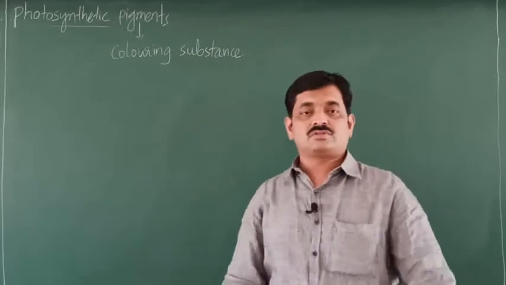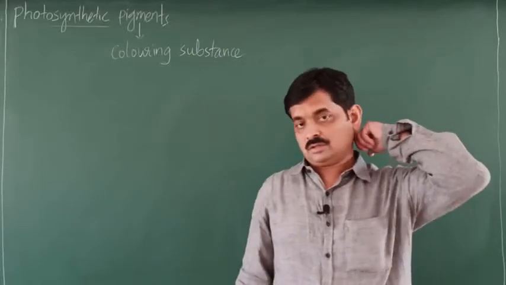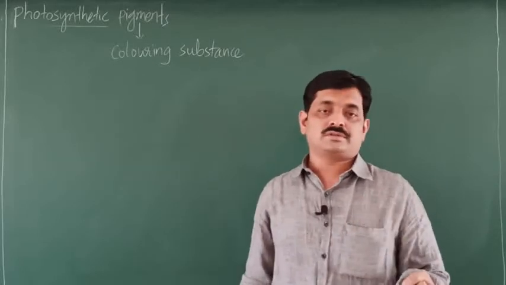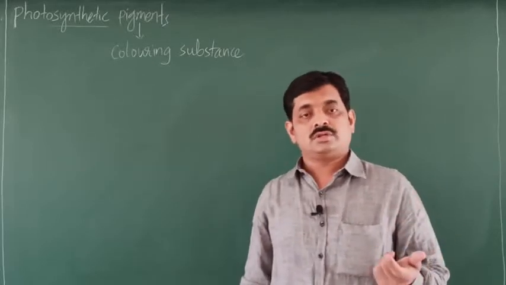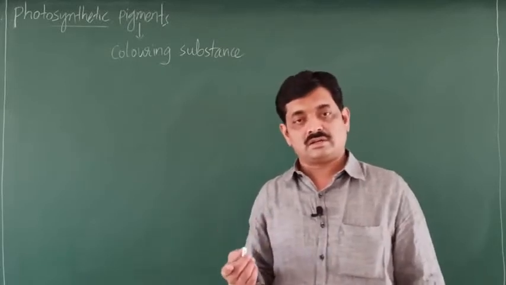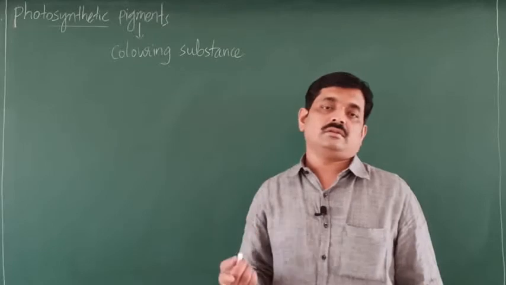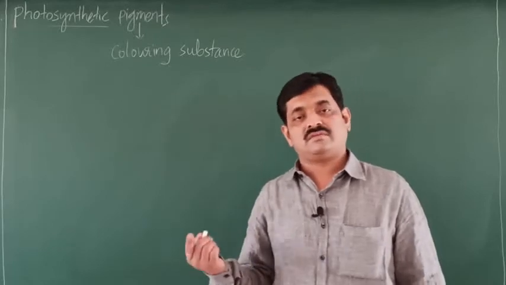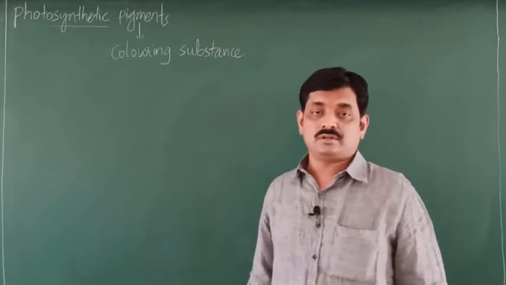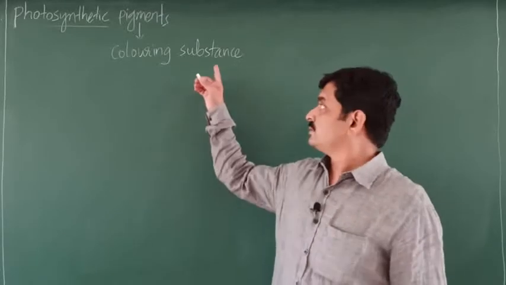It is the substance which gives color to the leaves or flowers or fruits, right? Such a substance which gives color to the leaves, flowers, fruits or any other parts of the plants, it is called pigment.